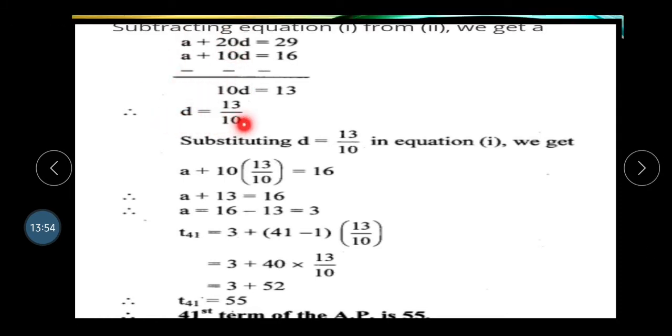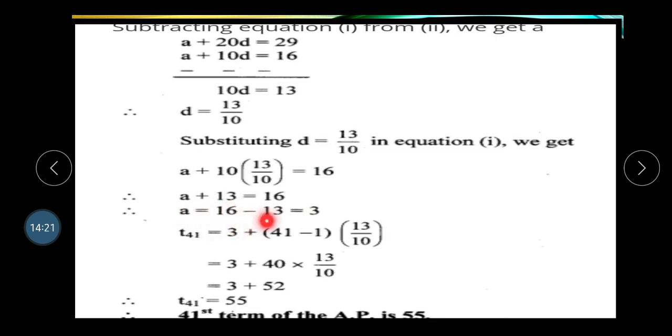Now the value of D we need to find: 13 upon 10. Now we will substitute this 13 upon 10 in equation 1. You can substitute in any equation, 1 or 2. So we will get A plus 10, instead of D we are writing 13 upon 10, equals 16. This 10 and 10 will get cancelled as it is multiplication. So A plus 13 equals 16.